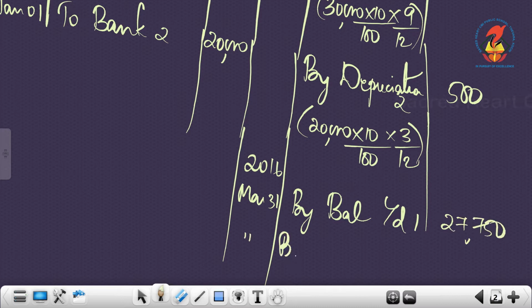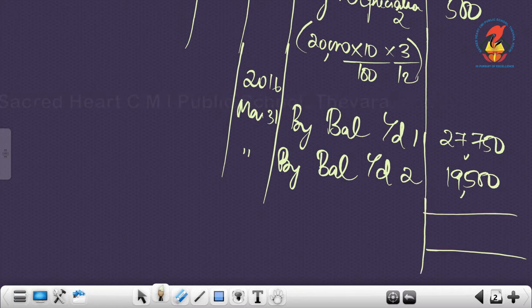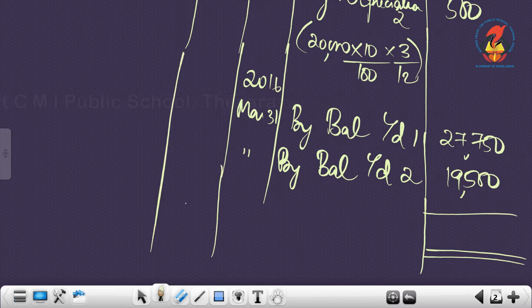Then after this we will write by balance carry down 2. That is 20 minus 500. 19,500. Then we can write the totals on both sides on same line. You have to write. So the amounts are 50,000, the totals.